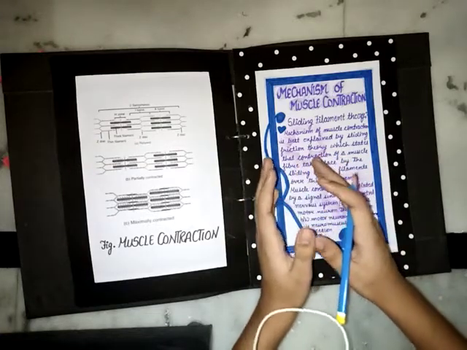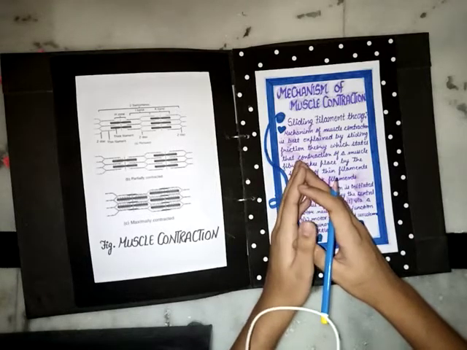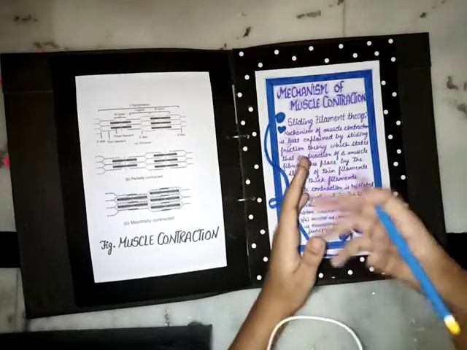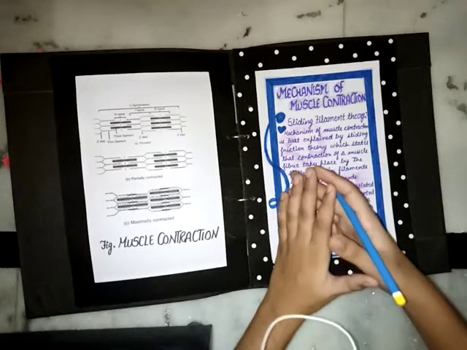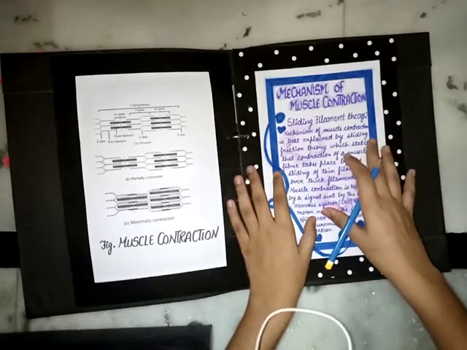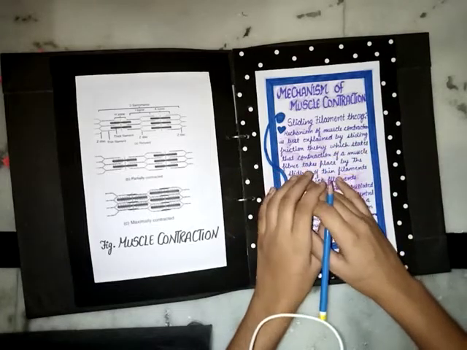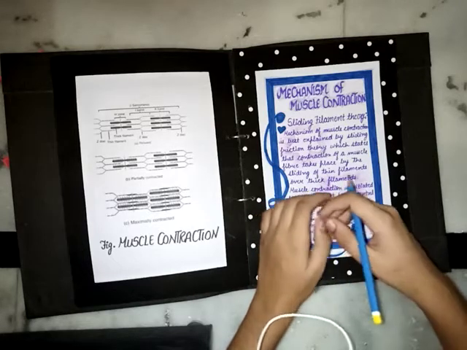ATP molecules bind and detach myosin, and cross bridges are broken. This process of formation and breaking of cross bridges continues until there is a drop in the stimulus, which causes a decrease in calcium. As a result, the concentration of calcium ions decreases, thereby masking the actin filaments and leading to muscle relaxation.